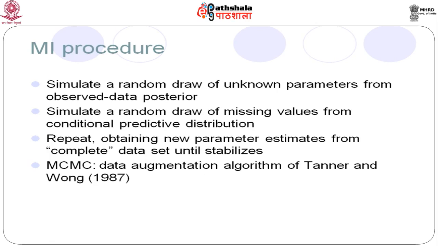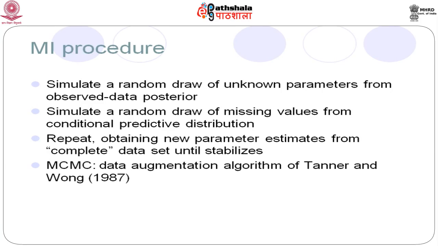In fact, in the multiple imputation procedure, while applying the Markov chain Monte Carlo technique, we first of all generate unknown parameters from the posterior distribution given the observed data. Then we simulate a random set of missing values from the conditional predicted distribution.